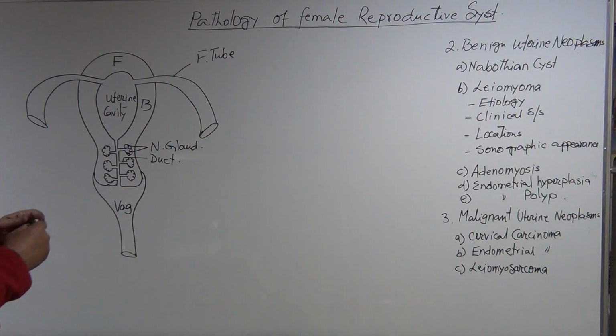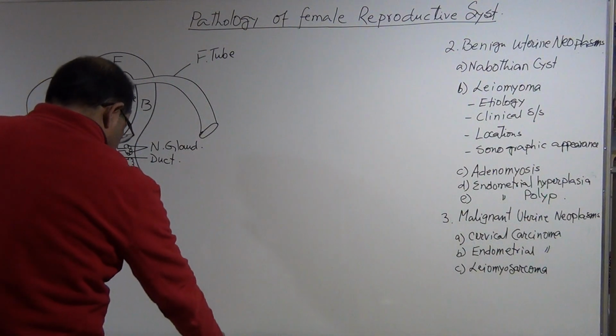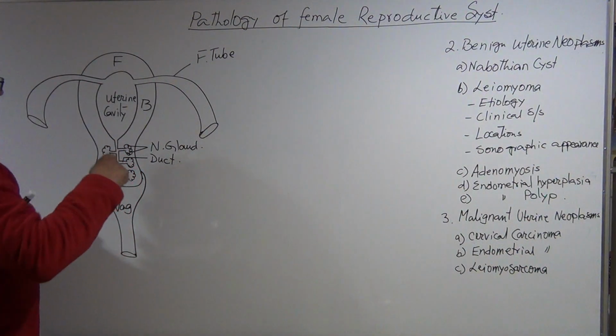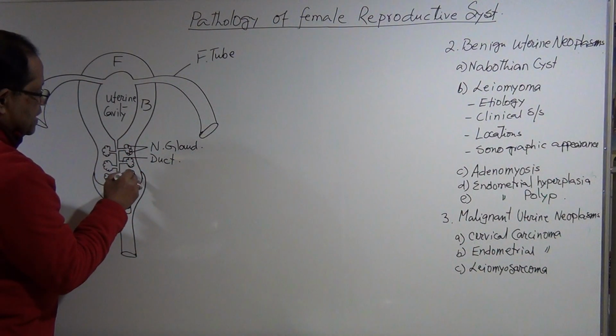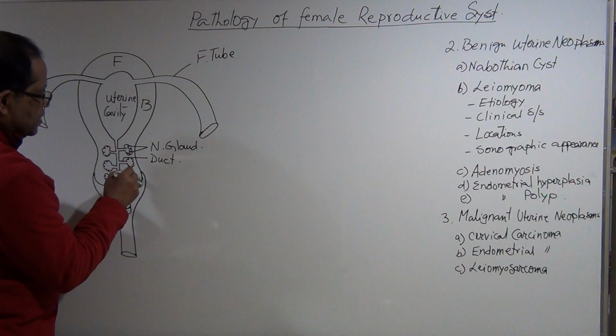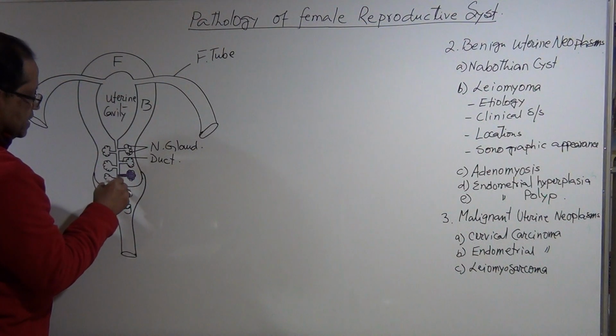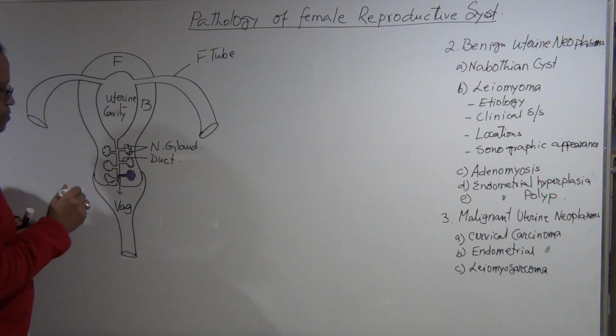So the Nabothian gland produces secreting fluid, lubricating fluid, and this lubricating fluid goes through the duct into the cervix, then it comes to the vagina.